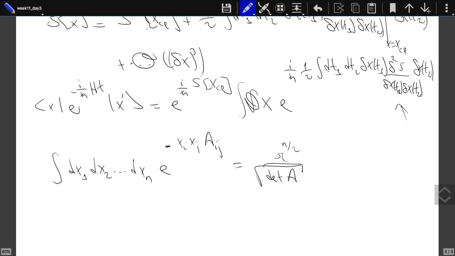Square root, or is it also n over 2? No, it's square root. No, not necessarily. It's like a Gaussian integral. The others are constants.